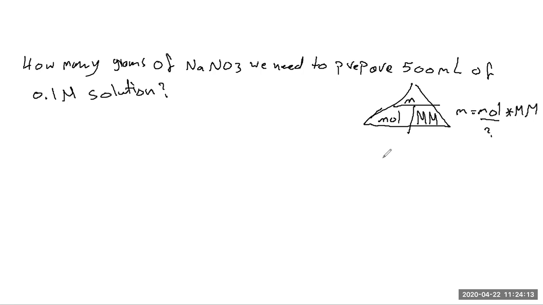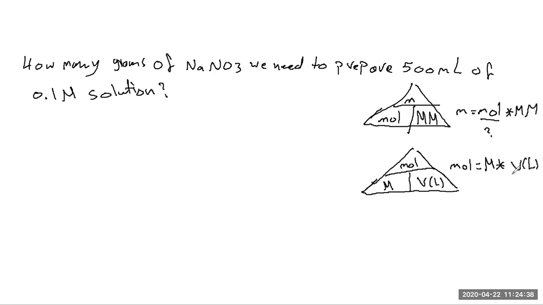But also we have this relationship between molarity and the volume. So here, molarity, capital M, equals mole divided by volume in liter. Here, mole will equal molarity times the volume in liter. So we will use these relationships to calculate the mass.